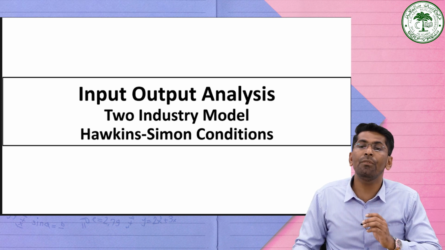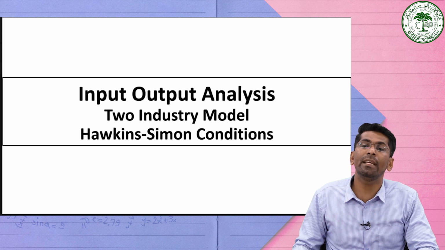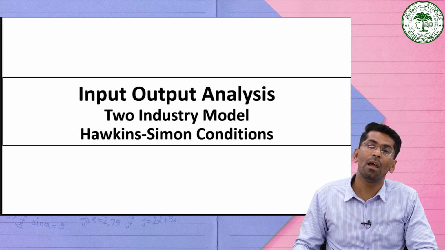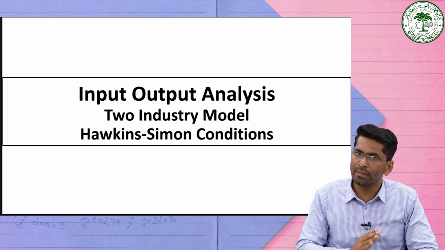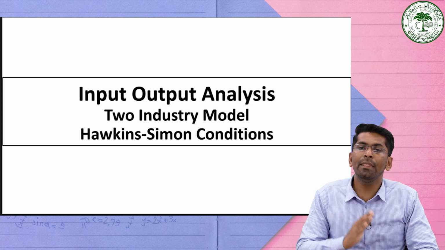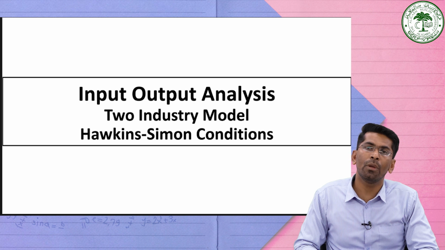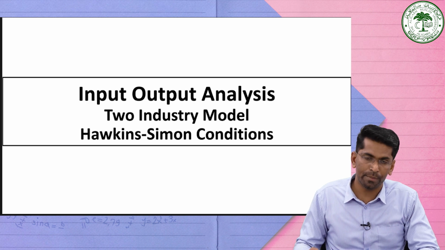We have derived the formula using the technical coefficient matrix, output vector and final demand vector. Today we will discuss the Hawkins-Simon conditions and then solve problems related to two-industry or two-sector models.